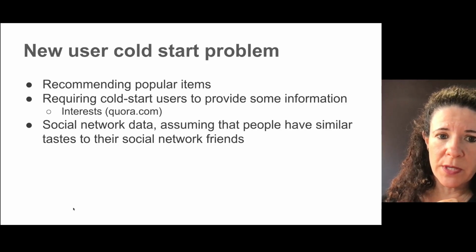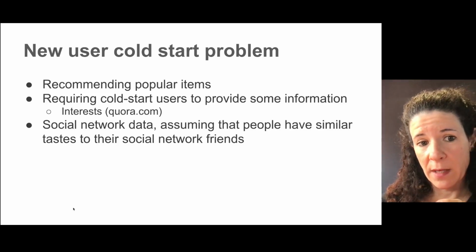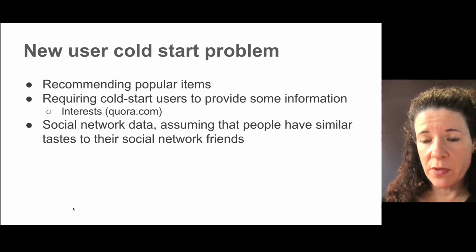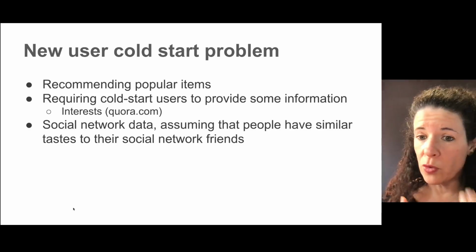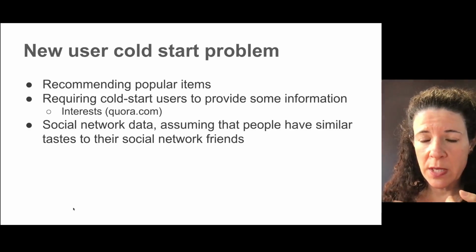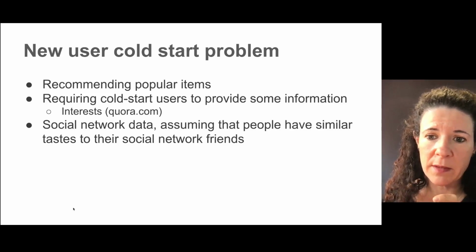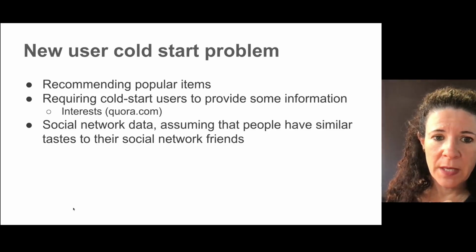For new users, the cold start problem is a little bit more difficult, but you can recommend popular items, or you can ask users to give you some interests. For example, when you go to Quora and you're a new user, Quora asks you, "Could you tell me what your interests are so that I can recommend stories and questions to you?"